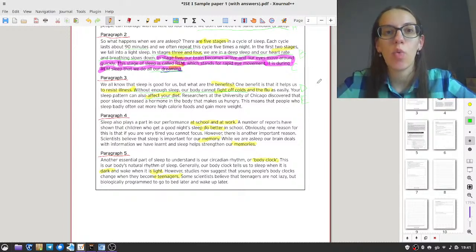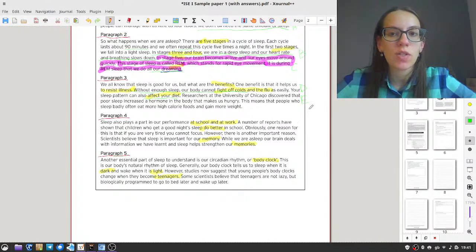And when you do this exam, I encourage you to do exactly what I am doing now. Just highlight words, underline words, put letters next to the words.